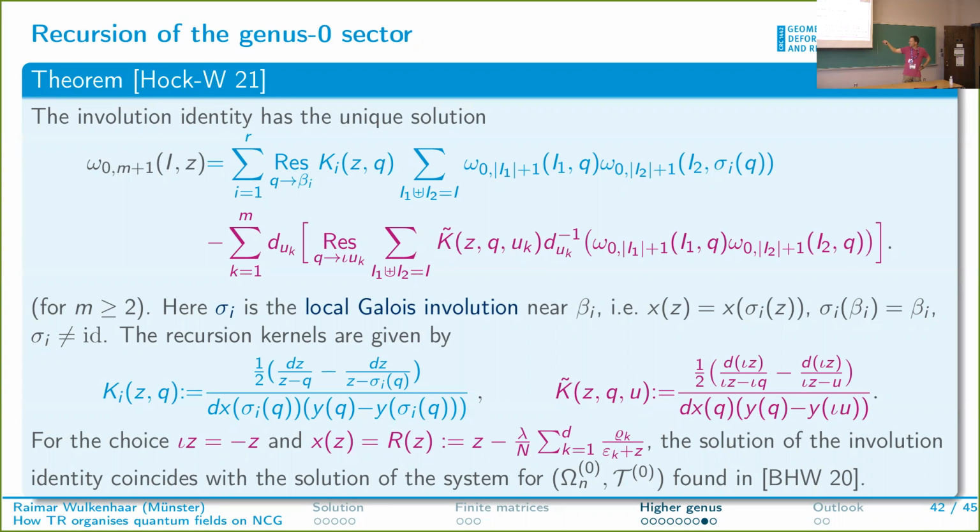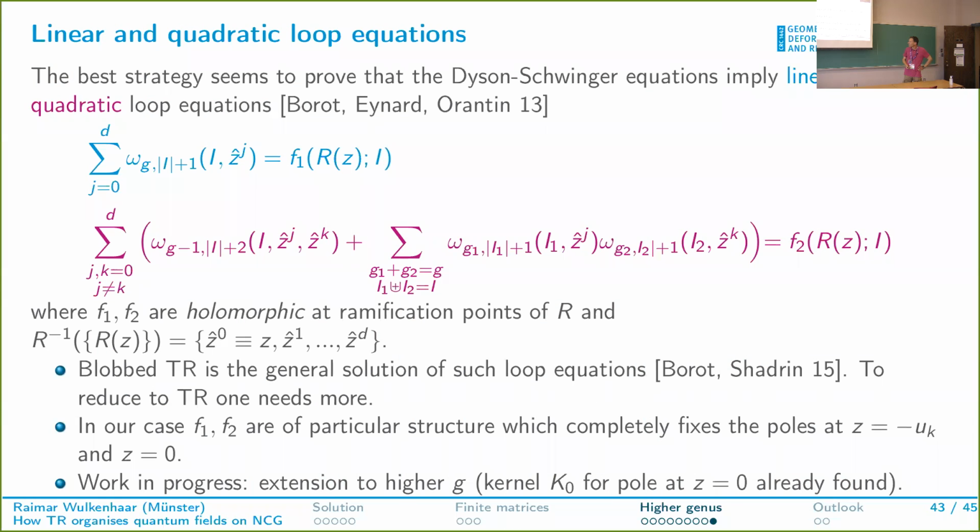So this gives all our omega 0,n's, by recursion, as usual. One remark: something will happen at higher genus. That's what we work on.